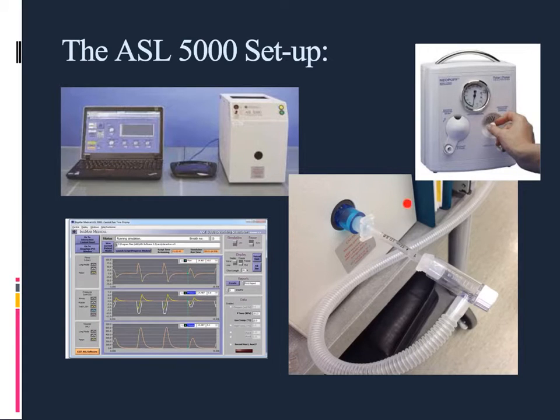And the way I used it was I hooked it up to the NeoPuff resuscitator, and I was delivering breaths to the ASL5000. And I used this little endotracheal tube here to create a little resistance in the system, and I was mimicking the tracheal conditions of a neonatal patient.